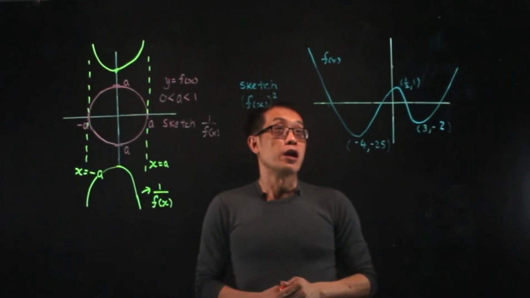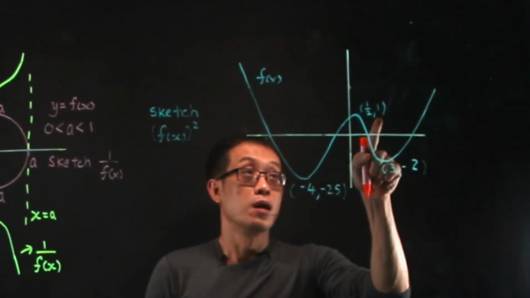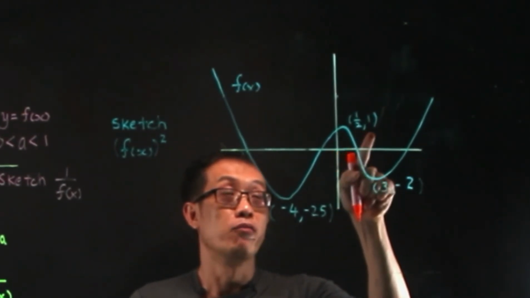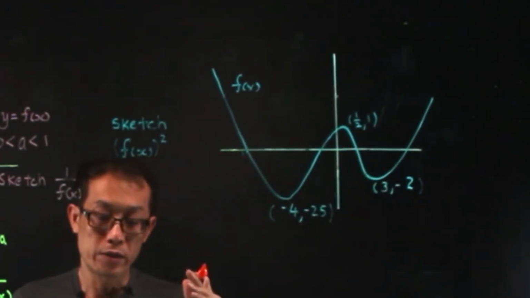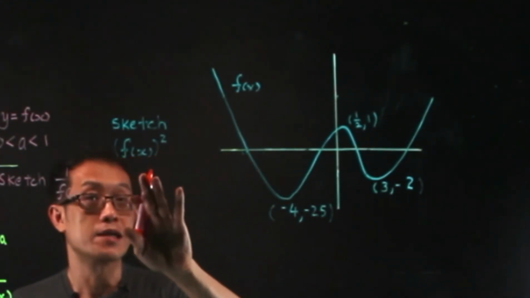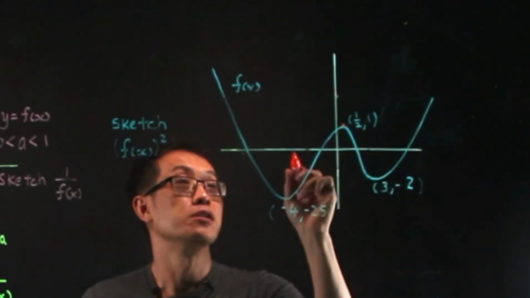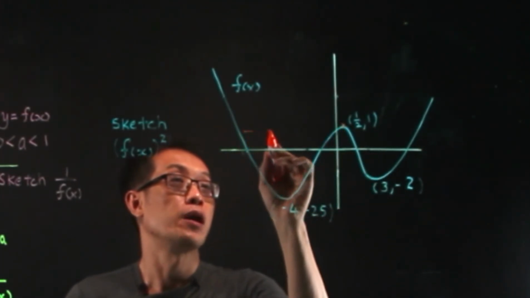Now let's look at this graph. This is x is half and y is 1. When y equals 1, you square it, it doesn't change its value, it is still 1. So this point doesn't change. Imagine we draw a line y equals 1 here.